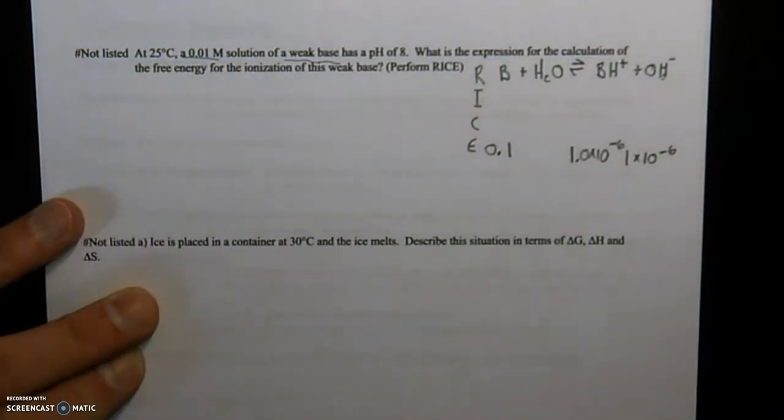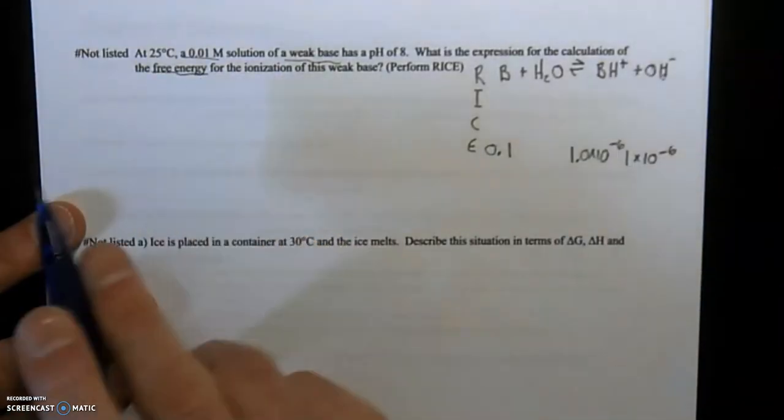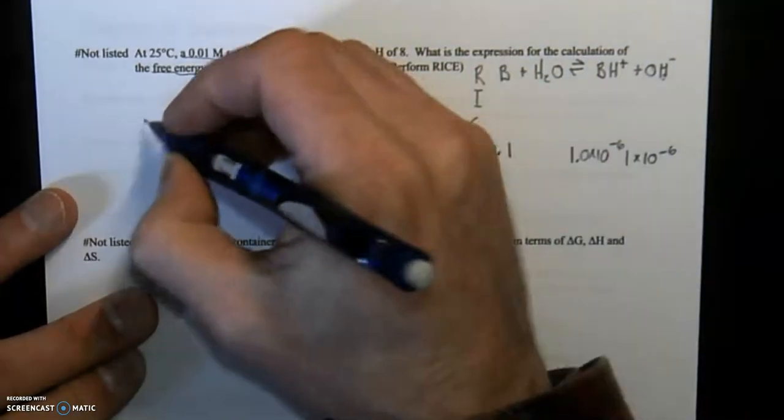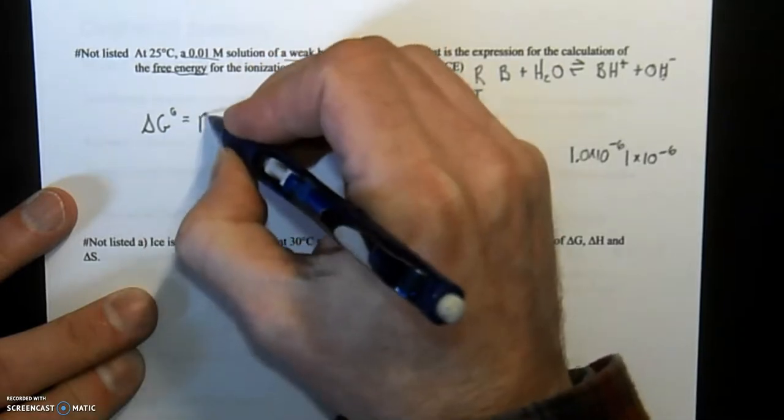All right, so I can use the equation we used previously in relating equilibrium, which is where we're at, to delta G. So again, it's asking us to calculate the free energy. We can do that under these standard conditions.